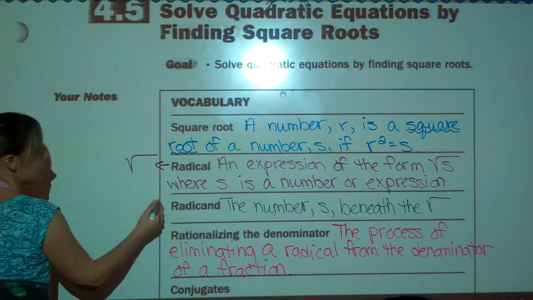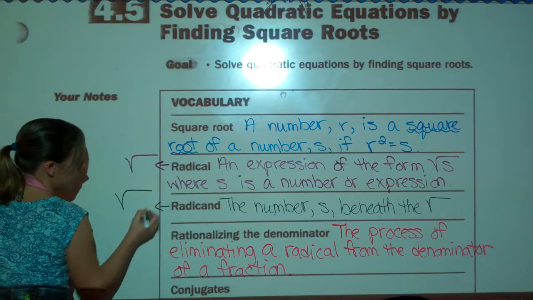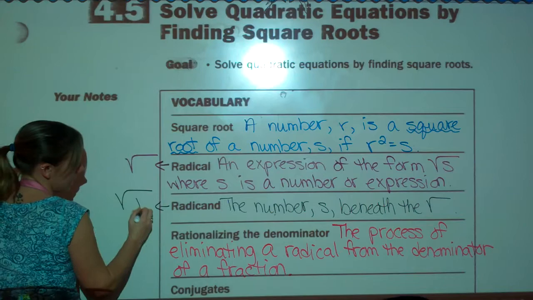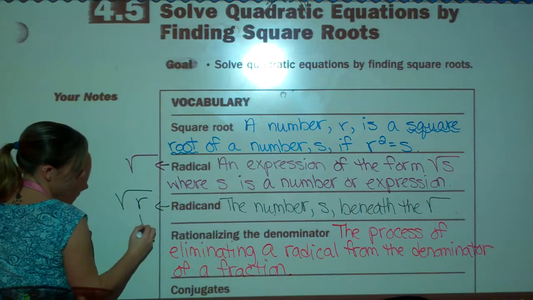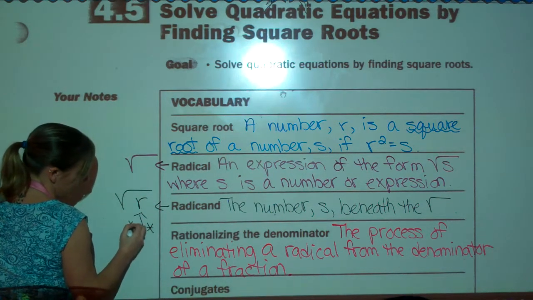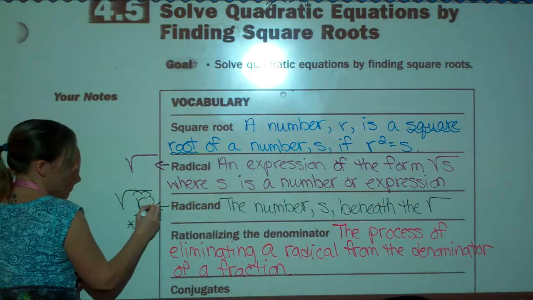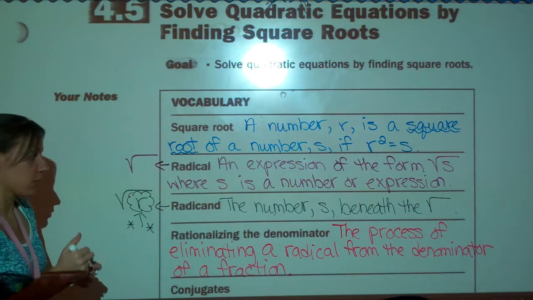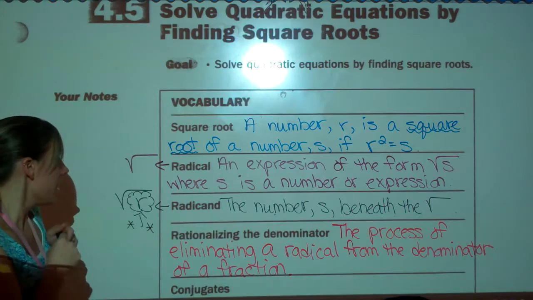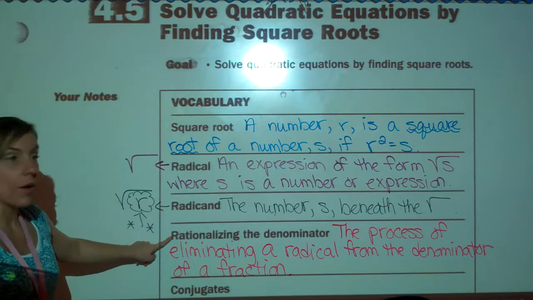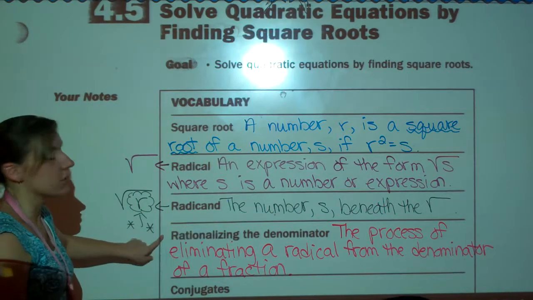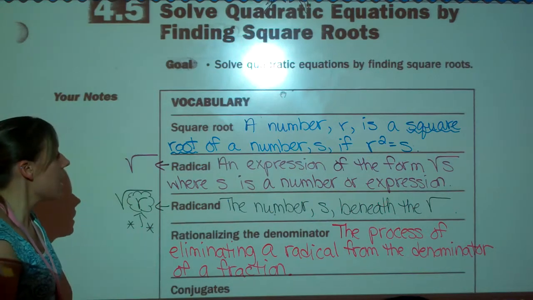So if the root is what's on the outside, then the radicand is this part right here. That's the radicand, what's inside that root, what's inside that radical. And then rationalizing, the word to be rational means to make a fraction out of it.